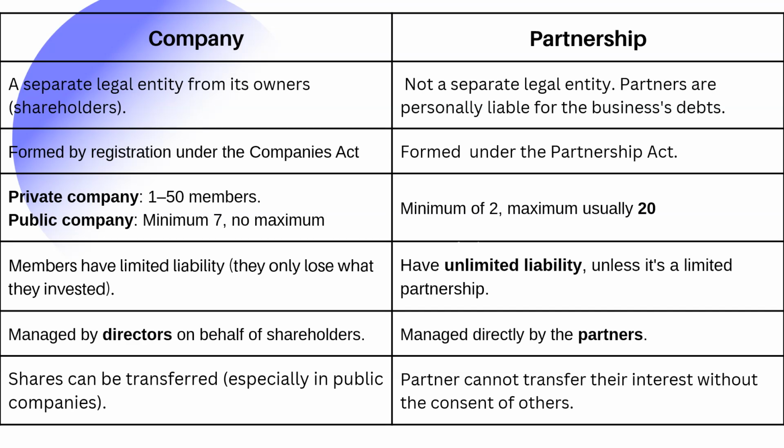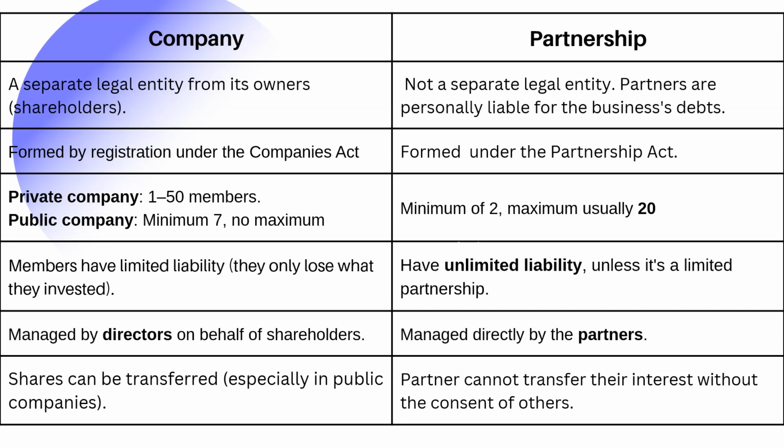In terms of the membership, in terms of the number of people that can form companies, for private companies, we have between 1 and 50 members. And for public companies, we have a minimum of 7 and no set maximum. And once we say that there is no set maximum, even when it comes to the sale of shares, which you are going to be seeing in the last point, it is an open space.